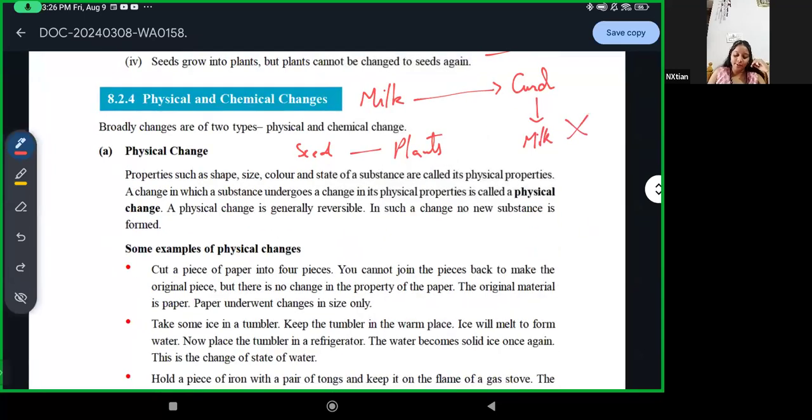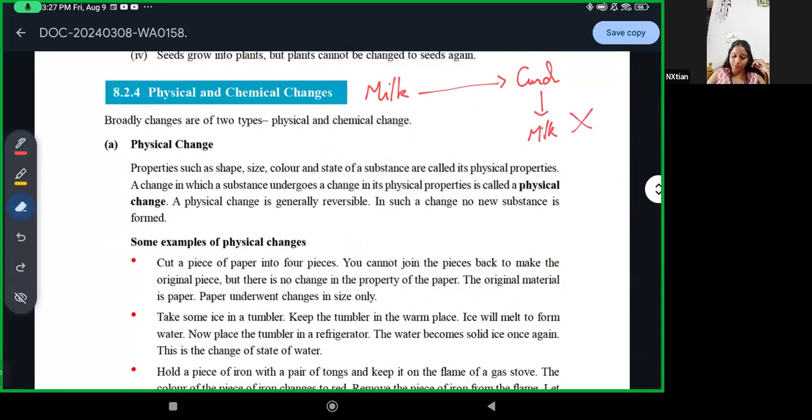All right, then we have physical and chemical changes. Let's see what a physical change is. Properties such as shape, size, color, and state of a substance are called its physical properties. Now when a change happens in these physical properties, it's known as a physical change.